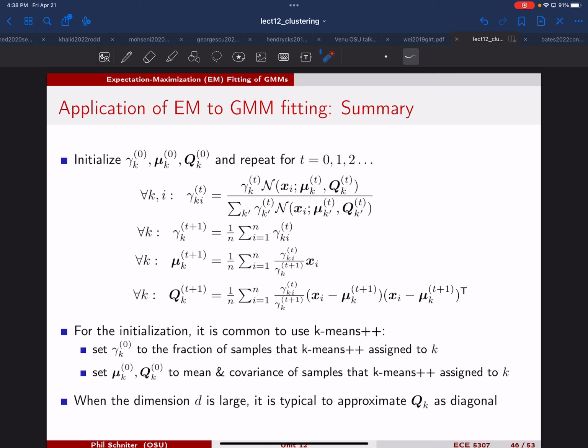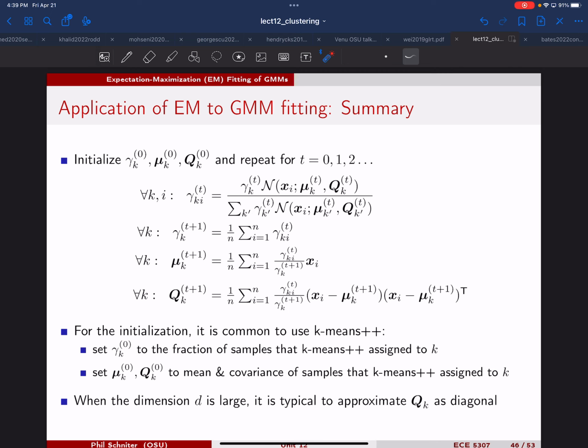So if your dimension is 1,000, you would need at least 10,000 samples to estimate it well. And it would be kind of compute intensive. You would have a matrix of 1,000 by 1,000, which is 1,000,000 parameters.